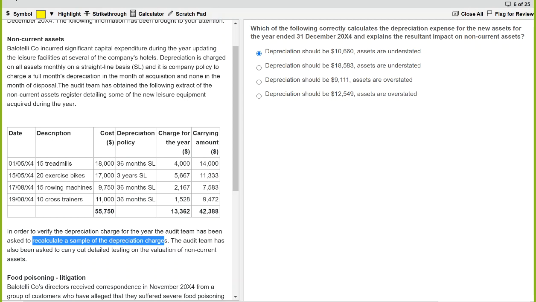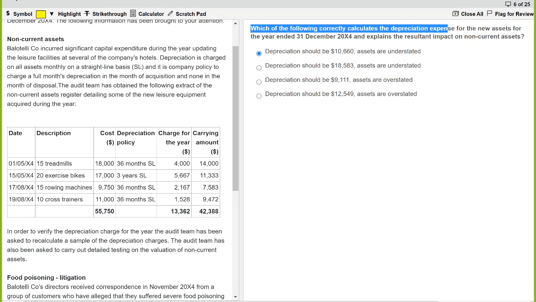The audit team has also been asked to carry out detailed testing on the valuation. Question is, which of the following correctly calculates the depreciation expense? The examiner wants you to do the point estimate. You need to determine a point estimate for the depreciation charge.